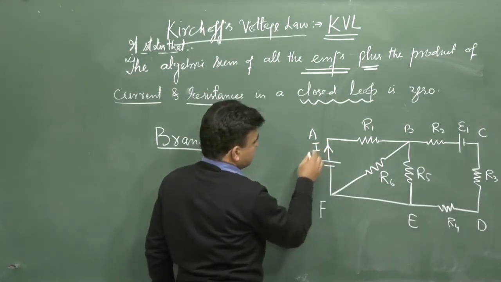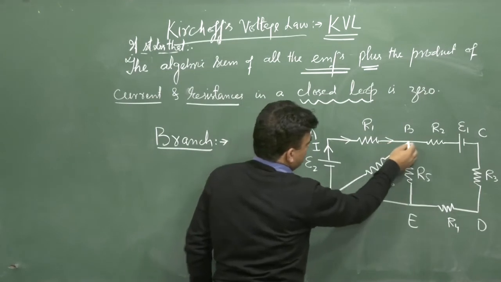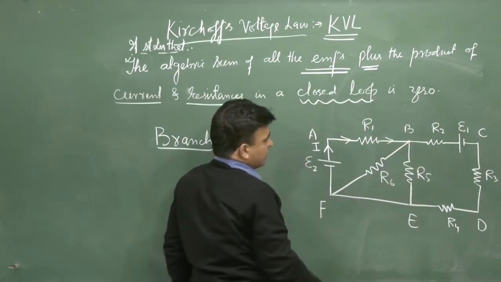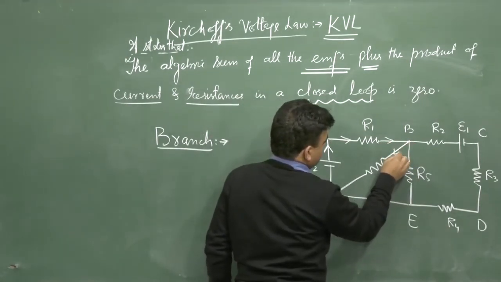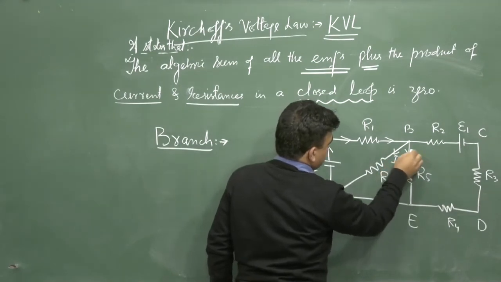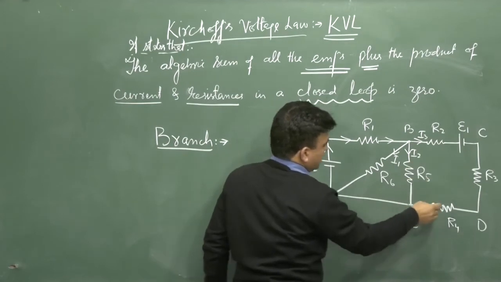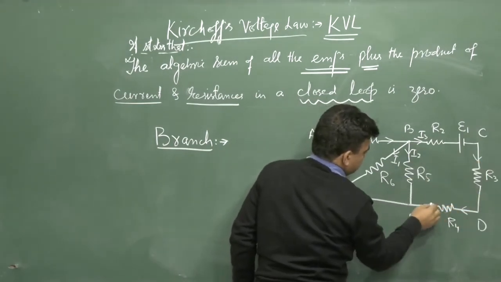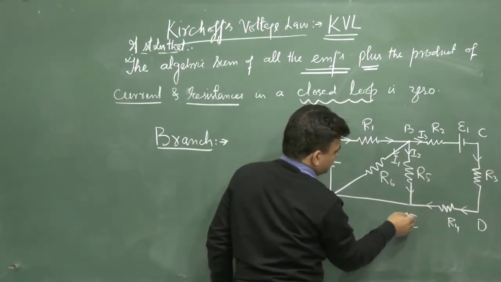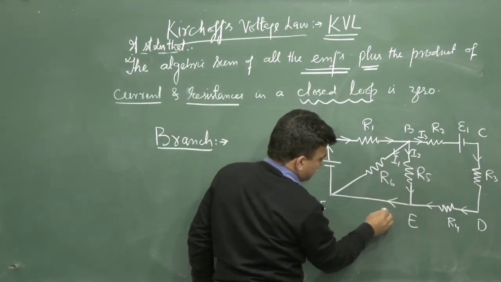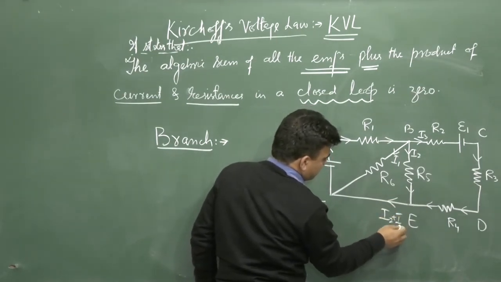I will call this current I, which goes here. At this point, the current will get divided. Suppose here current goes I1, here I2, here let us say it is I3. I3 will follow this path, I2 will follow this path, the two will get combined. The current here will be I2, I3.